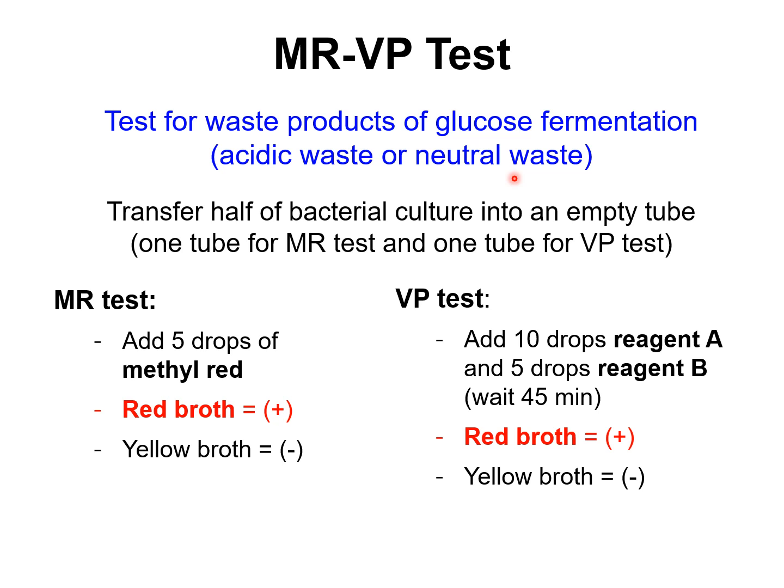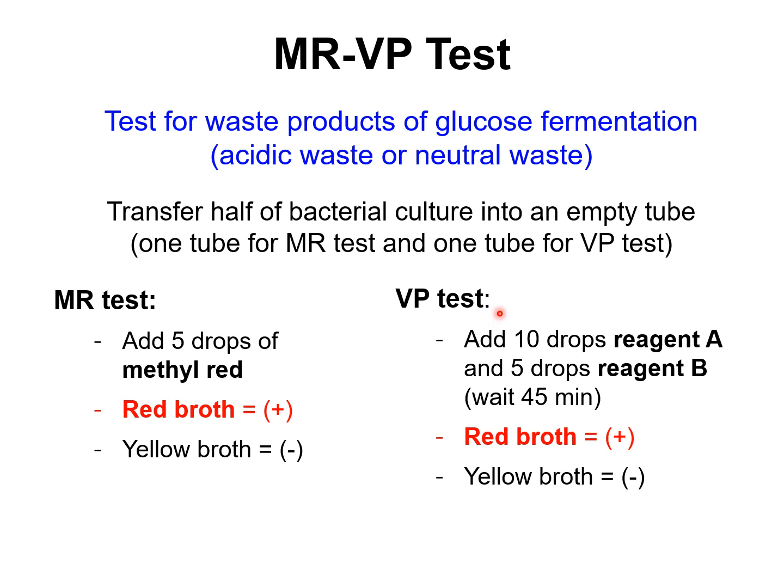So some bacteria out there, when they ferment glucose, they don't actually produce an acidic waste, even though that's the most common thing when bacteria ferments sugar. But some bacteria out there, when they ferment glucose, they release a neutral waste. And so the VP test is going to help us determine that.